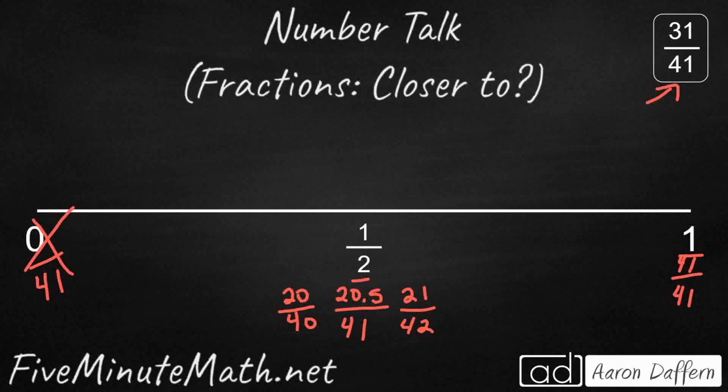So let's cut our half in half. I'll visually draw it here. Let's say we have a rectangle, and I've cut it in half. That's what my number line represents. If I cut my half in half, what do I get? I get fourths. So let's cut this number line into smaller pieces. Let's say that's 1/4. We know that 1/2 is equal to 2/4. There's my 3/4. And then obviously my 1 is equal to 4/4, because any fraction that is the same numerator and denominator is equal to 1.